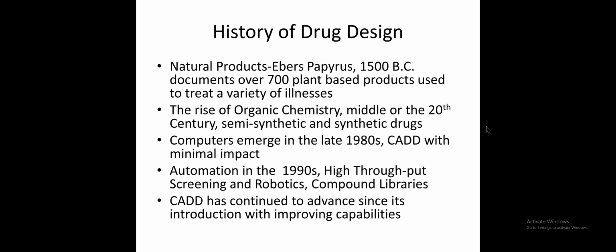Computers began to emerge in the late 1980s, and there was great hope that computer-aided drug design would have a major impact on the development of drugs. And that really was not the case. There was a lot of promise associated with that, but there was a minimal outcome really associated with the utilization of those early programs.